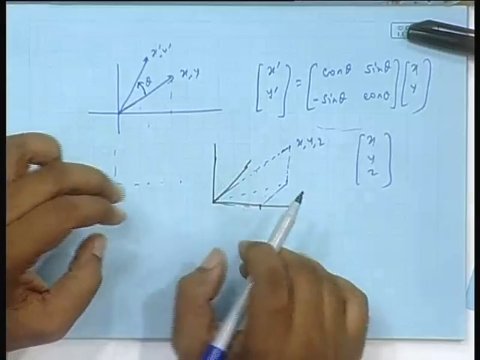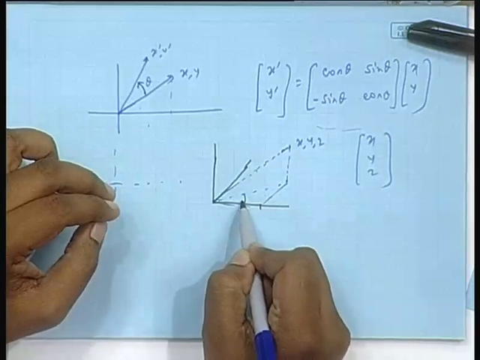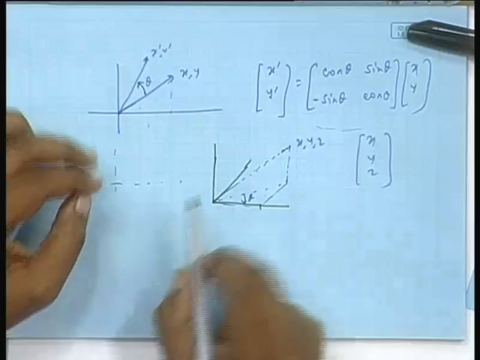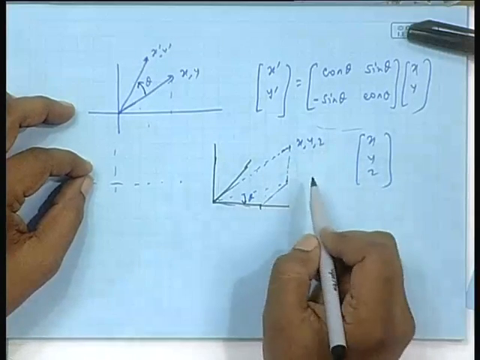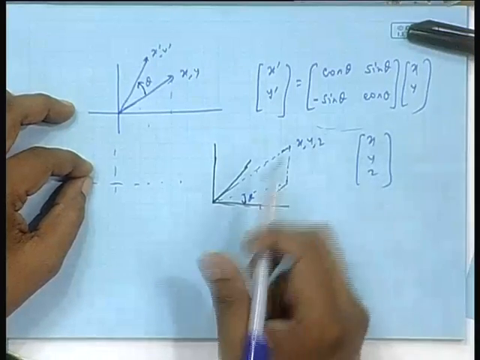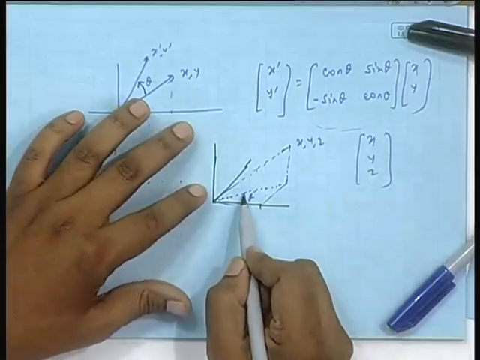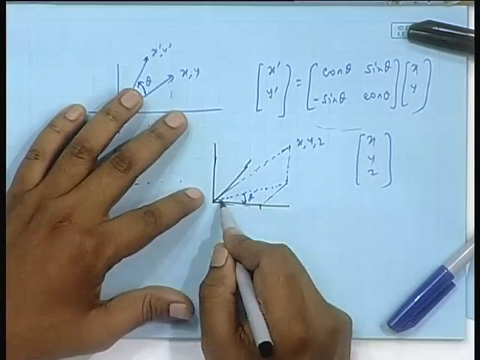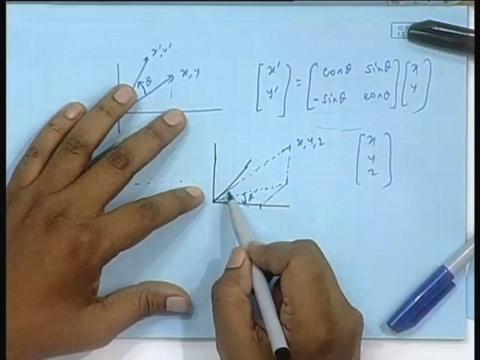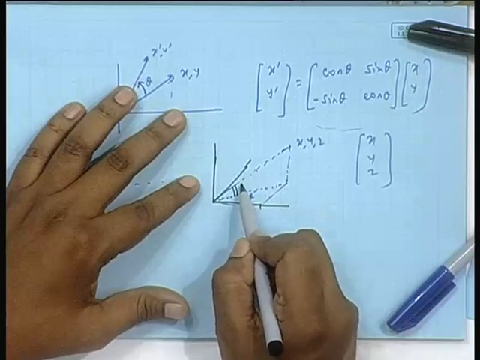Suppose this angle is theta and this is the projection. So this angle is theta, this line is in the xy plane, and this angle say alpha.